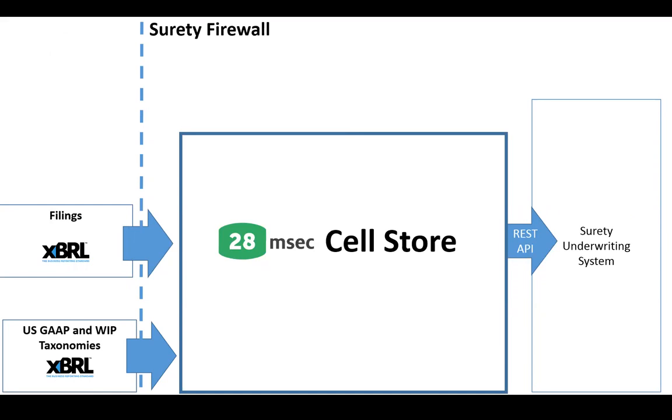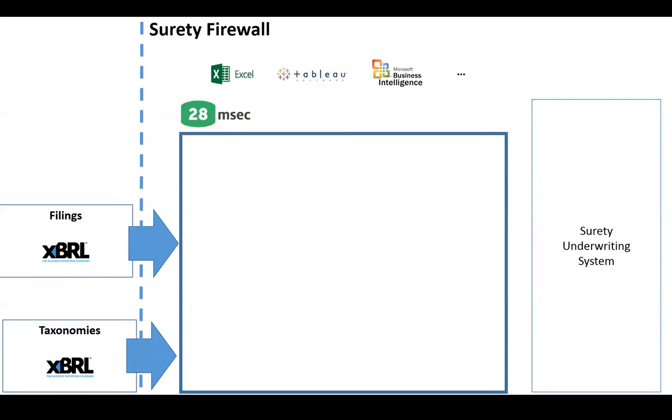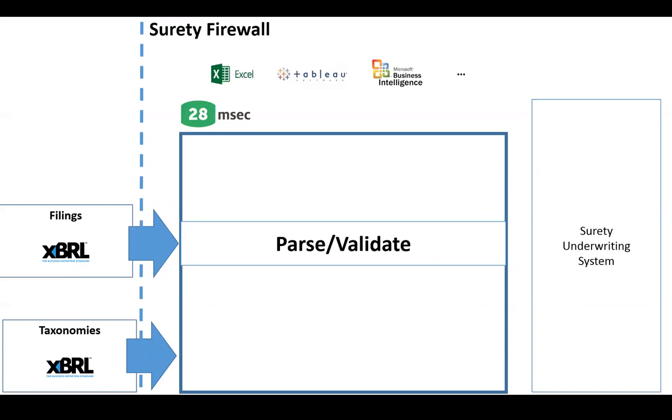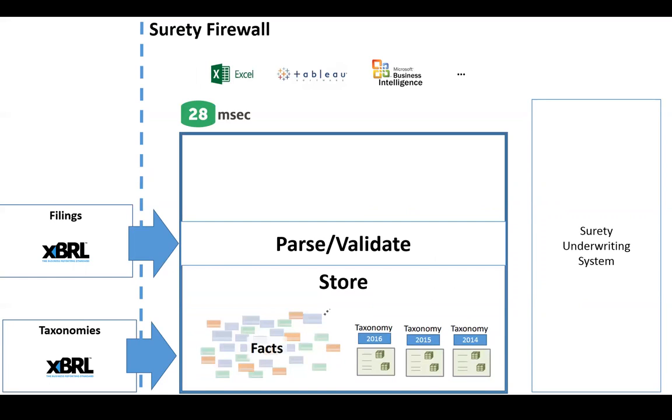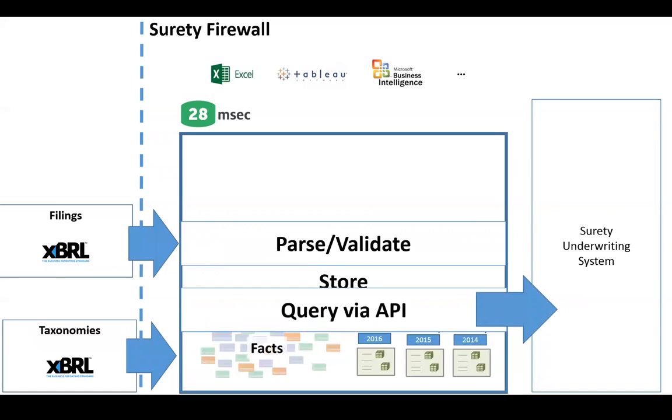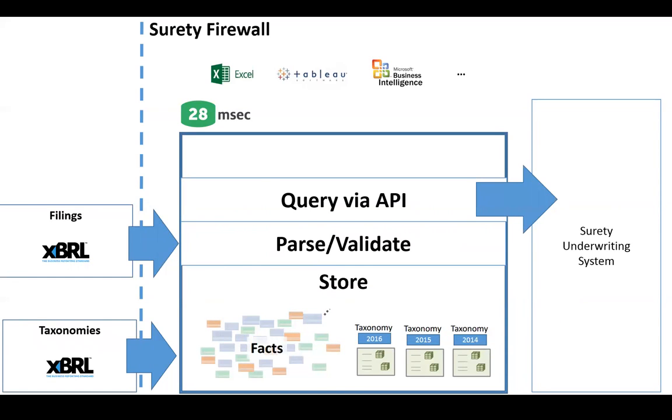Now, what is behind this black box? Well, first and foremost, when we take a filing, we first parse it and validate it. And then we store it into a large repository and make it available to you anytime you want on demand. And then your surety system, using an API, can query in real time any information that was passed over using an XBRL file.